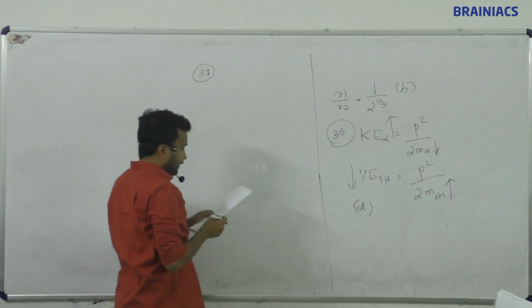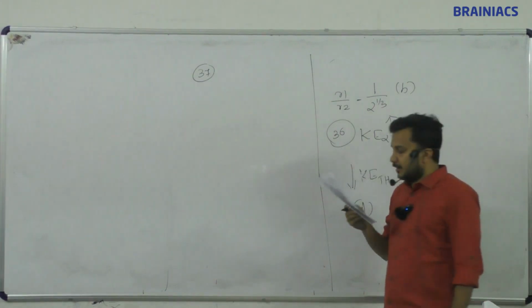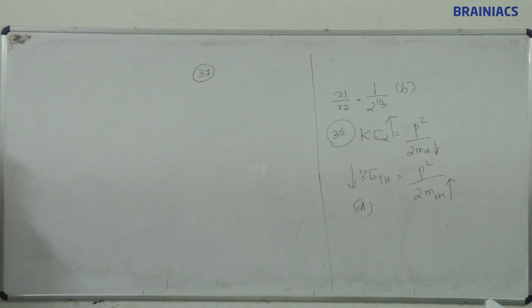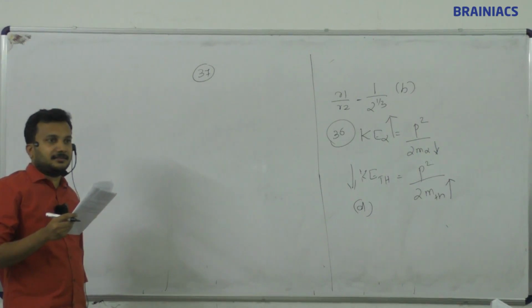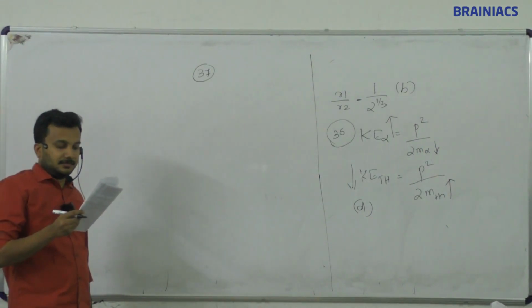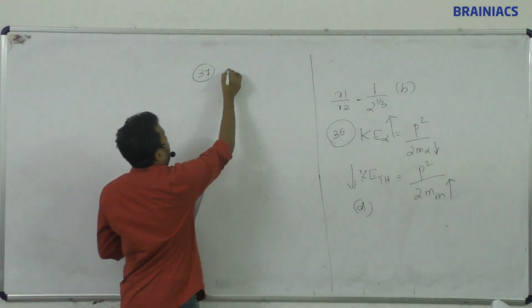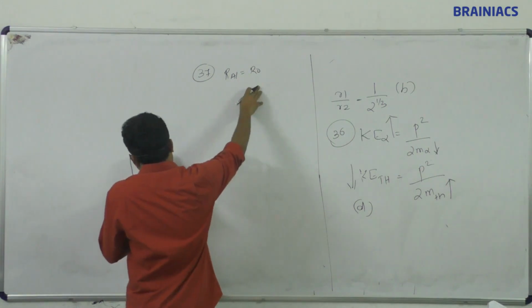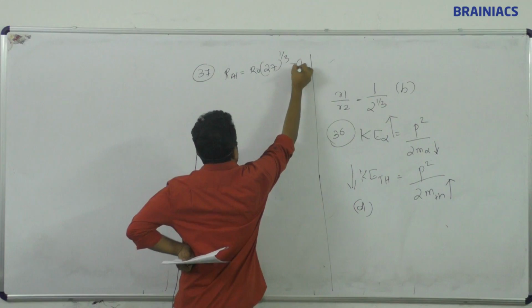Can you do 37? Radius of aluminum 27 is taken to be RAL. Then the radius of tellurium 125 is how much? RAL is equal to R0 into A power 1 by 3, so 27 raised to 1 by 3, equation number 1.